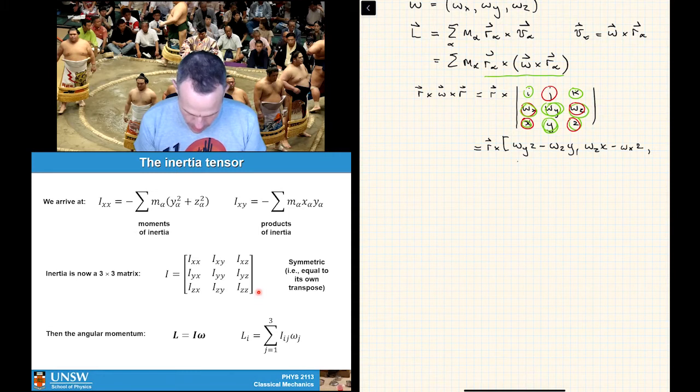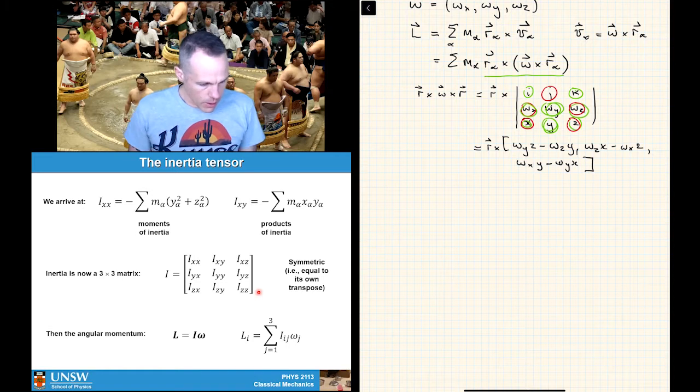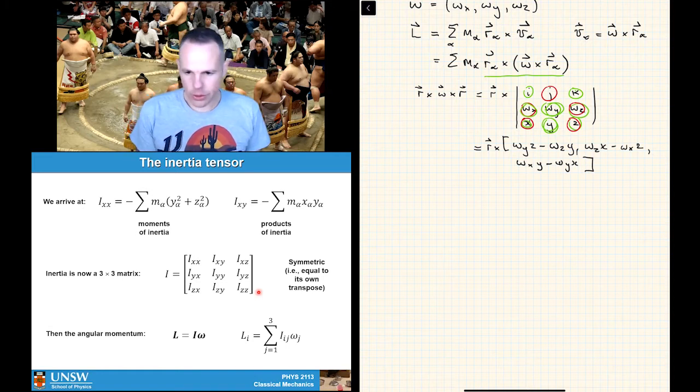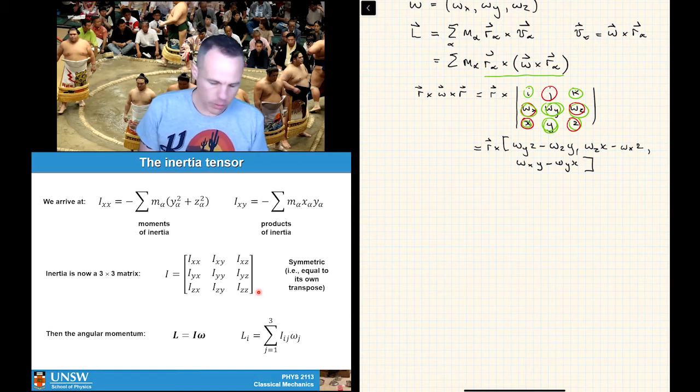So it's going to be omega x y minus omega y x, like so. Okay, pretty easy, and you should make sure that you're good at doing this and doing it quickly, because it becomes kind of important, particularly for mechanics problems, but in other bits of physics as well.